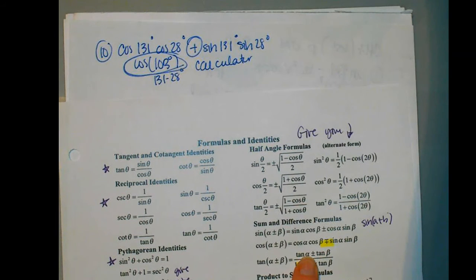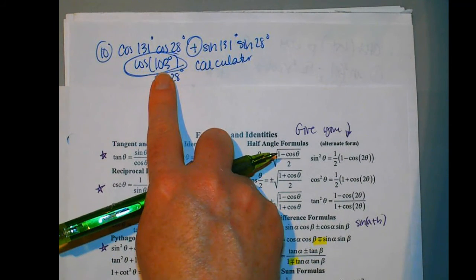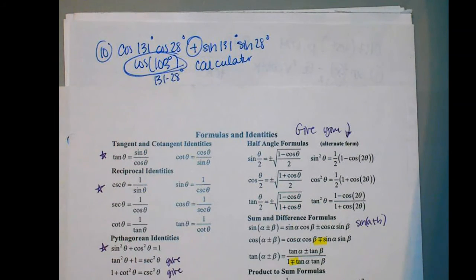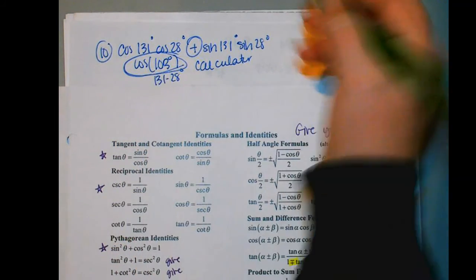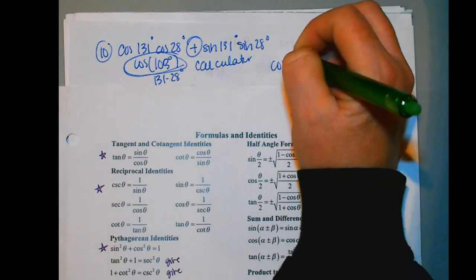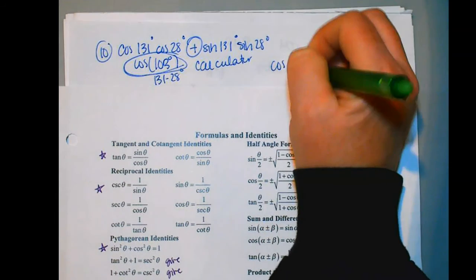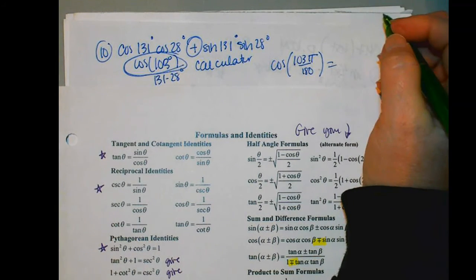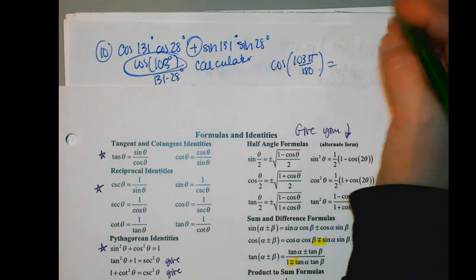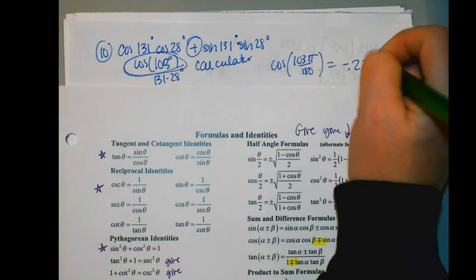So they were asking you first to decide, it says, write it as a trigonometric function of a single number. That's what they mean by this. That part of the directions, does that make sense now? Okay. And then you'd have to go cosine of 103, and you'd have to either make sure your calculator's in degrees, or you'd say cosine of 103 pi over 180 because of that identity. And then whatever the calculator says is the answer. It is negative 0.2250.